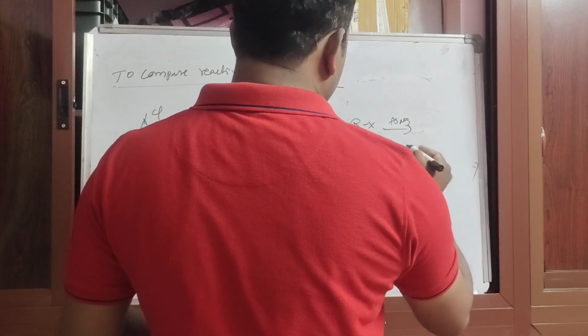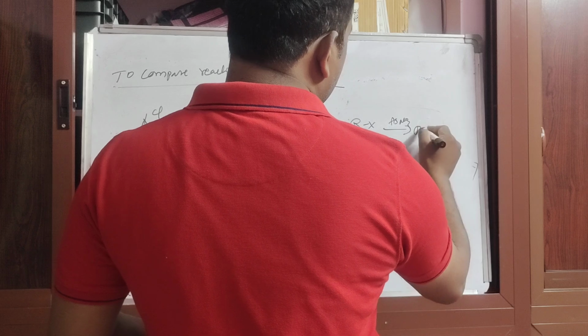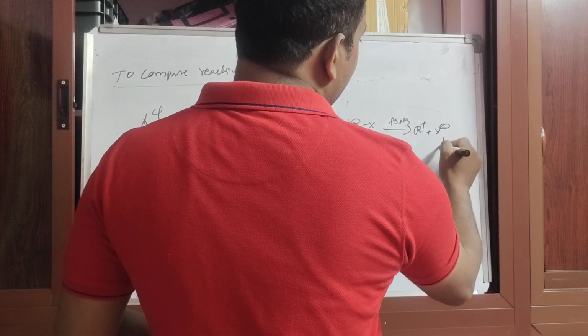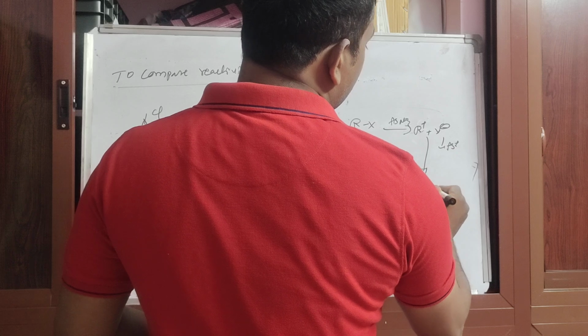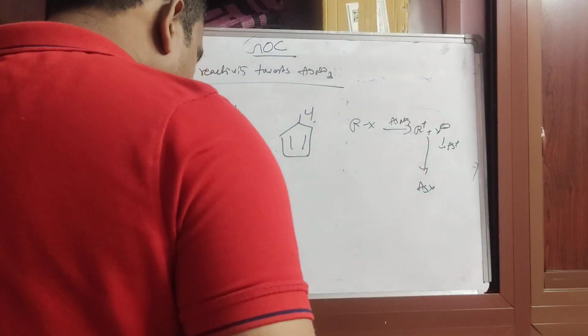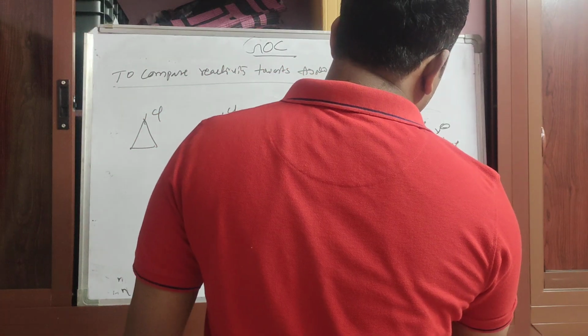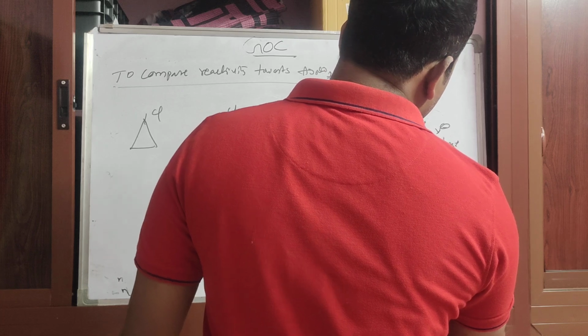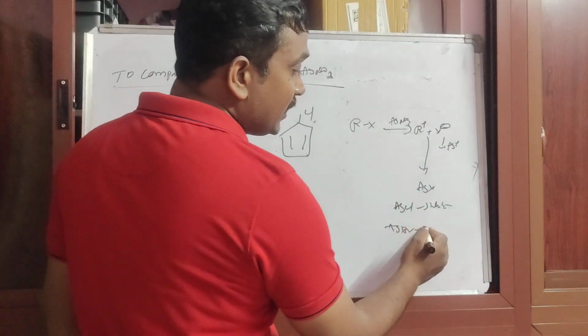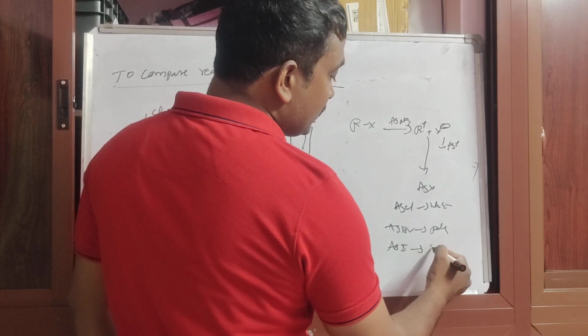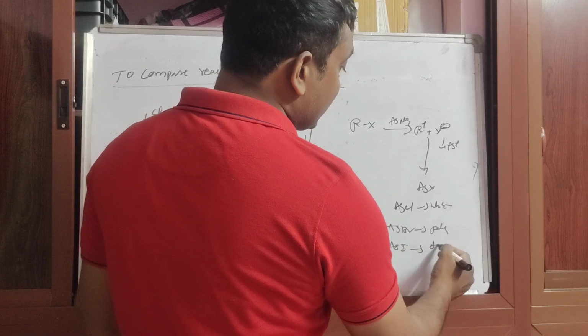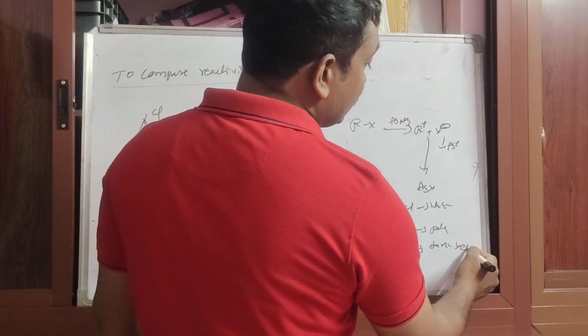Alkyl plus X minus, and it will form silver chloride. Silver chloride is a white precipitate, silver bromide is pale yellow, and silver iodide is dark yellow.